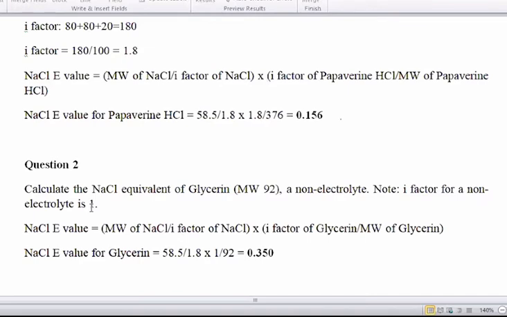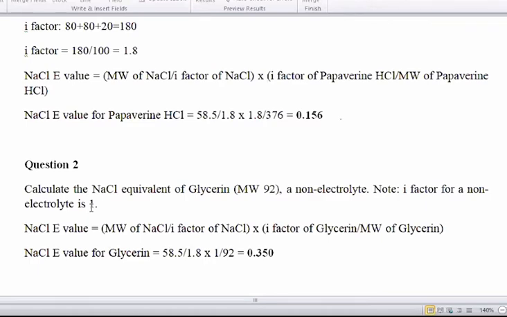So it's simply telling us that even sodium chloride, the one we did, is 80% dissociated.